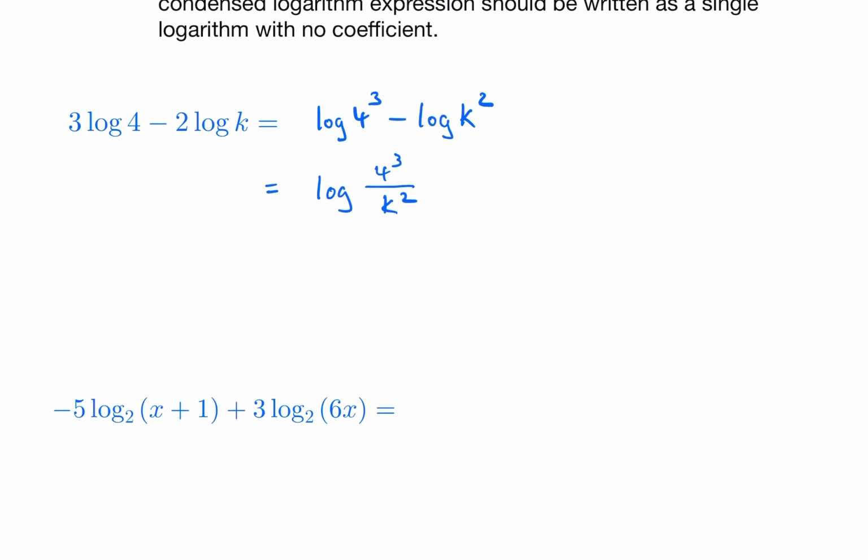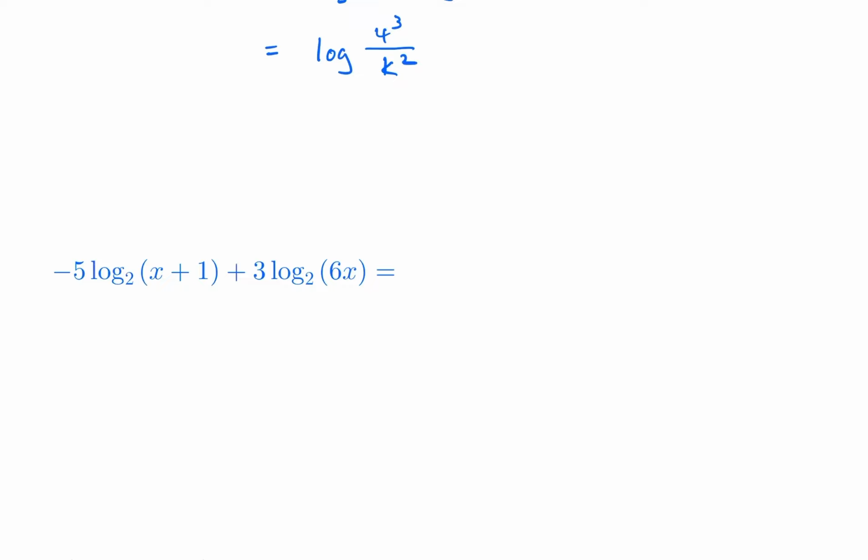Okay, let's move on to the next example. We have negative 5 log of x plus 1 base 2 plus 3 times the log of 6x base 2. First thing we want to do is move this coefficient up here to become a power. Same thing with this. Coefficient becomes a power.